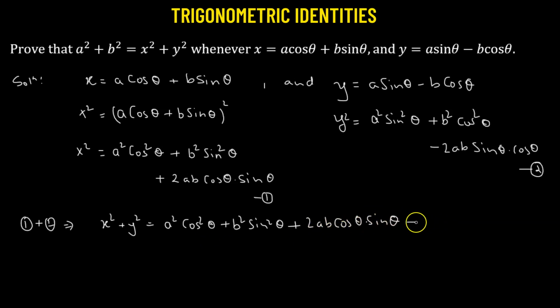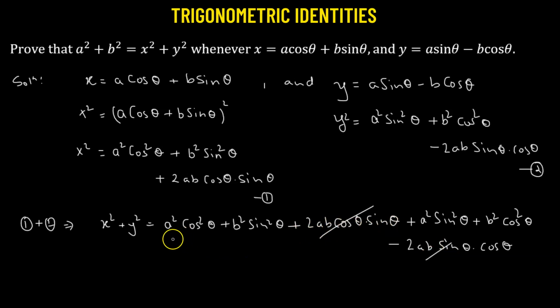This will get added to the expression on the right hand side of equation number 2, which is a squared times sine squared theta plus b squared times cosine squared theta minus 2 times ab times sine theta times cosine theta.